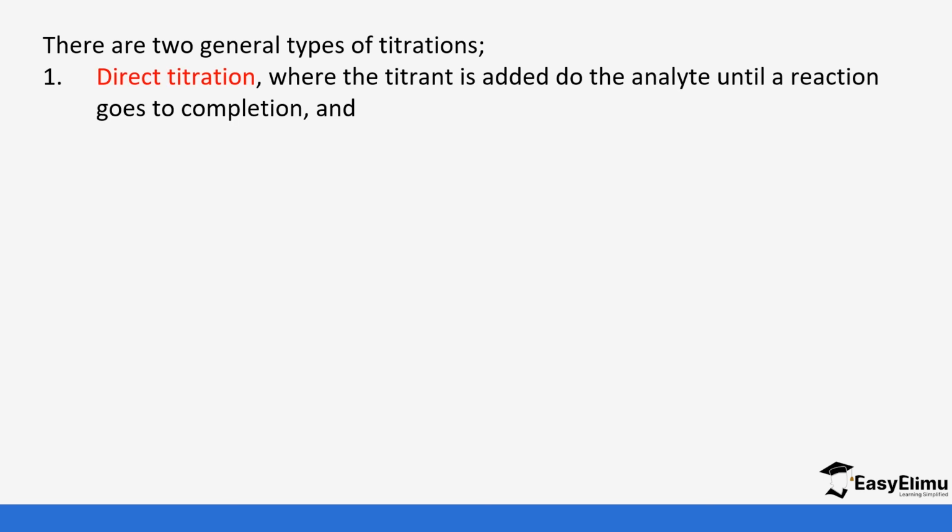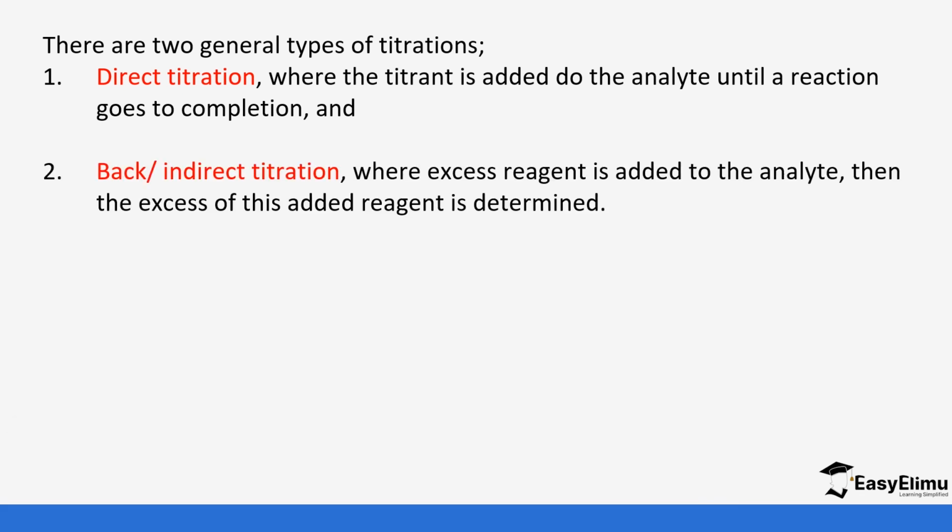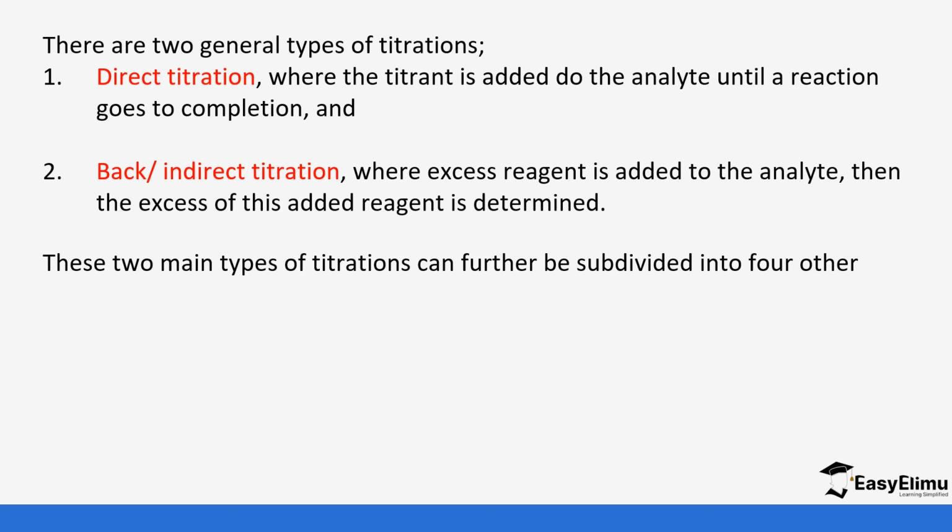We have direct titration, where the titrant is added to the analyte until a reaction goes to completion. And then we have the back titration, where the excess reagent is added to the analyte, and then the excess is added to a reagent that is determined. And these two are usually the main types, which can be further subdivided into others.